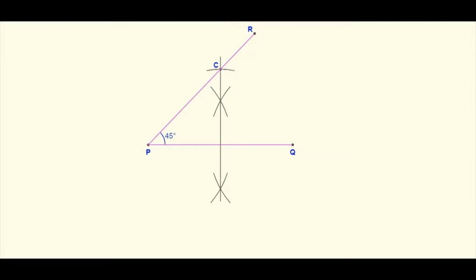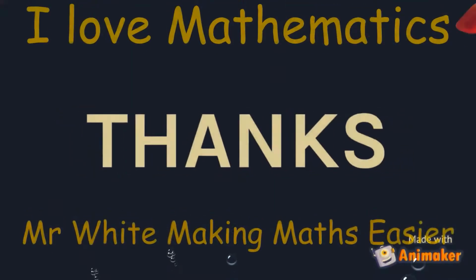So note there, at the end point of the line, you can call it R. And that would create the angle RPQ. And RPQ has a measure of 45 degrees.